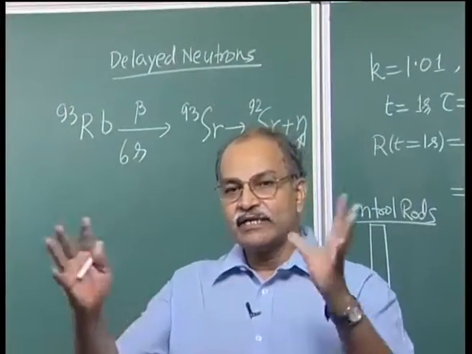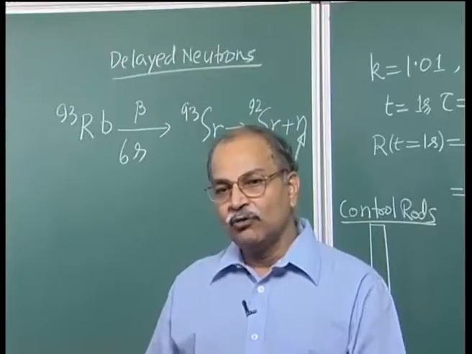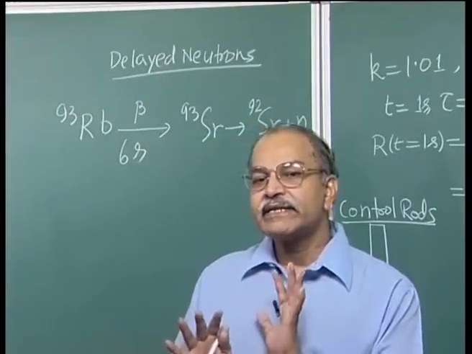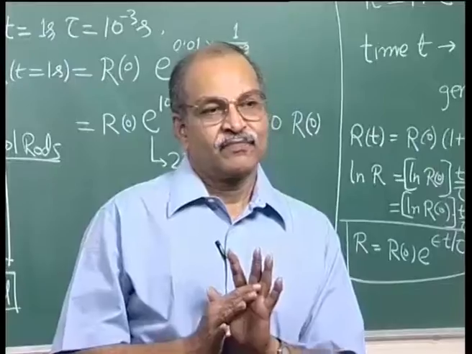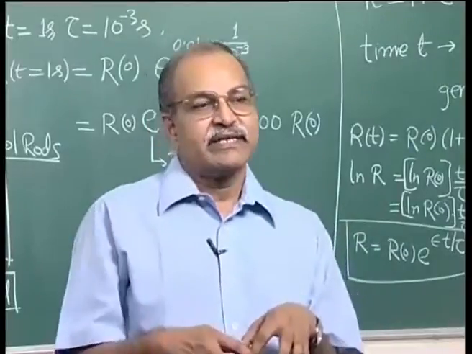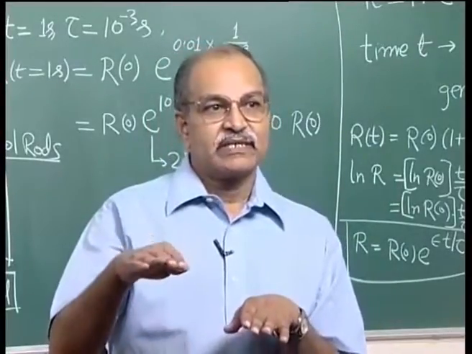The whole design is made so that on prompt neutrons alone the reactor is slightly subcritical, and only when these delayed neutrons are taken into account does it become critical.